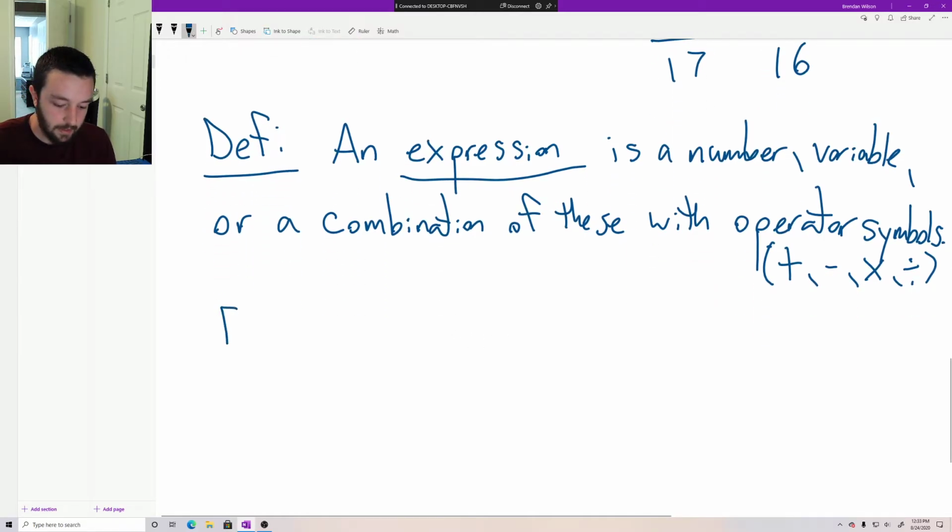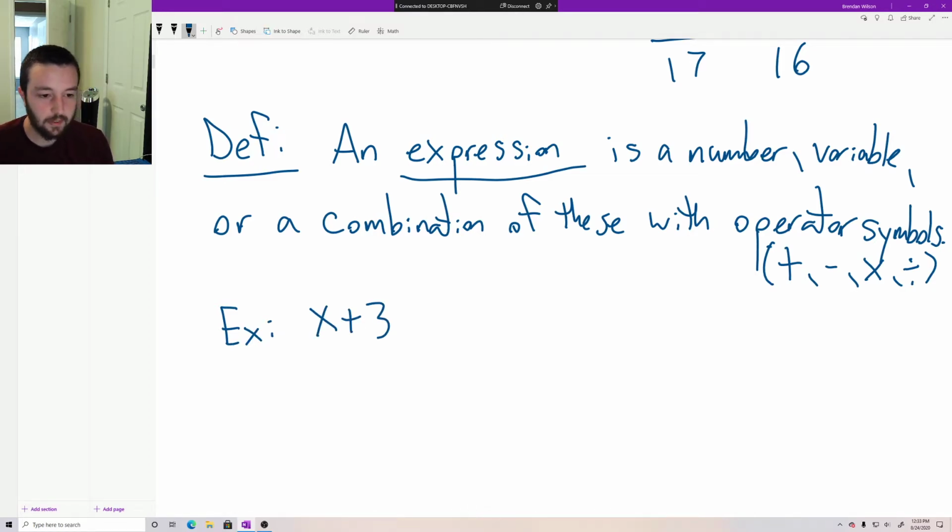Okay. So some examples, we could have x plus 3. So this is a combination of x and 3 with the addition operator symbol. We could just have the number 5, right? So the first part of the definition says it's a number. So it could just be a number, could just be a variable, maybe y.